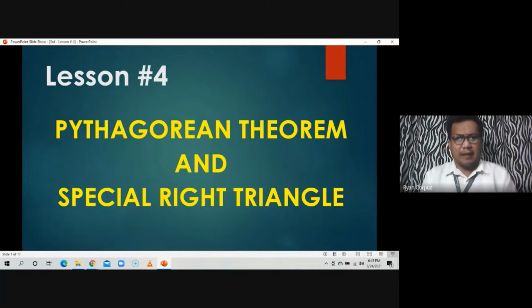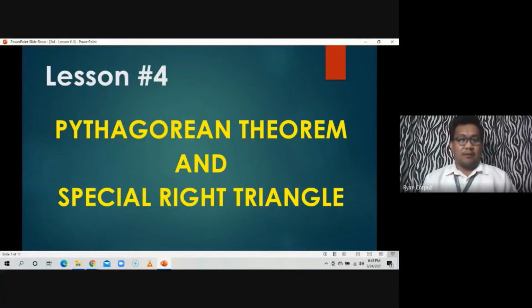Pumunta tayo sa triangle. It's because when we are talking about quadrilaterals, and more specifically when we draw the diagonals of a quadrilateral or specific diagonal of a quadrilateral, we can form their triangle. So if we are going to draw the diagonal of a rectangle, diagonal of rhombus, diagonal of a square, we can form their particularly right triangle.